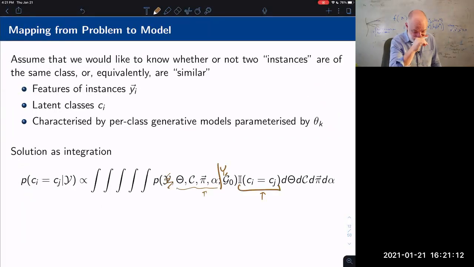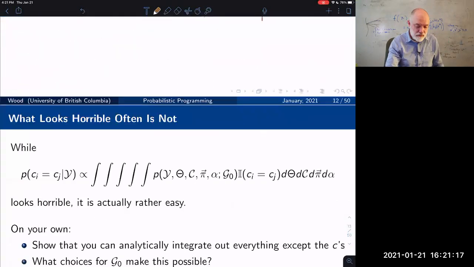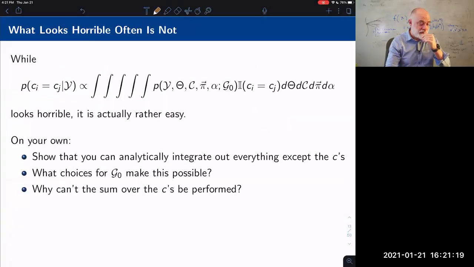So in this particular case, even though this integration looks really, really nasty, it's actually relatively easy if you know the tricks, if you make the correct choices for priors and you know the tricks from what we just did with the Dirichlet and discrete distribution, because the multivariate normal is conjugate, and the Dirichlet is conjugate, and the gamma in this particular case works out correctly, such that all of these integrals can be done in analytic form, except for summing over the class identities, right?